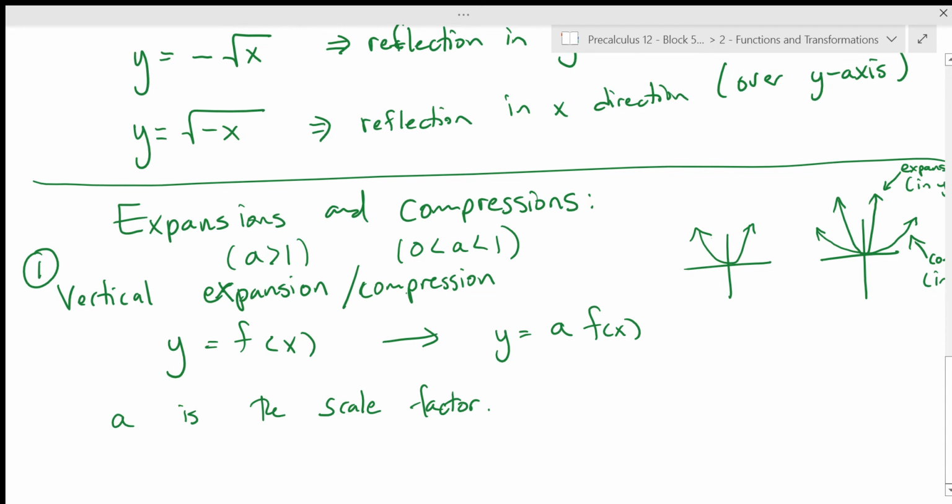Okay, so if it's y equals x squared, instead of going 0, 1, 4, you would go 0, 2, 8 if you were counting for x equals 0, 1, and 2.